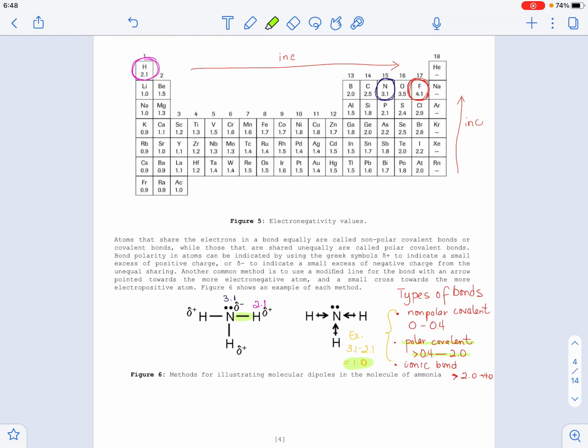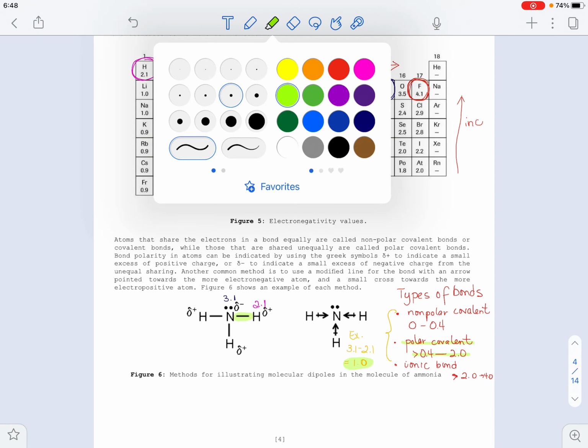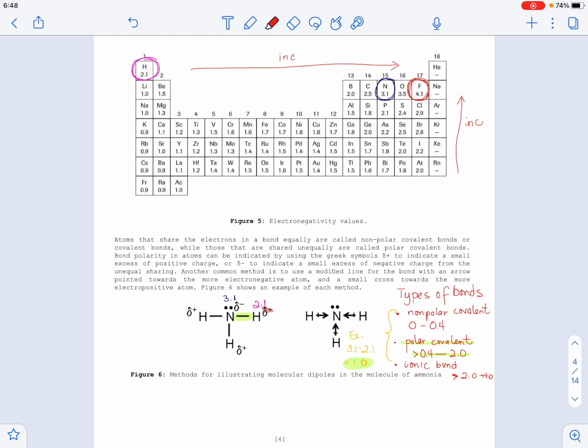When you have a polar covalent bond, you can show the electronegativity difference between the two atoms by using these symbols that are delta. Delta means partial charge.